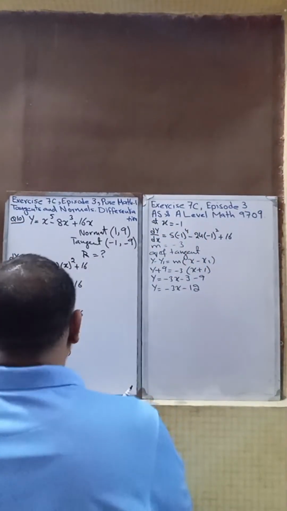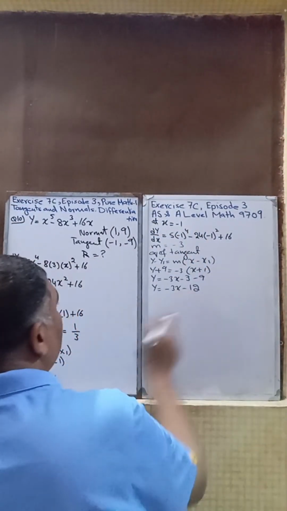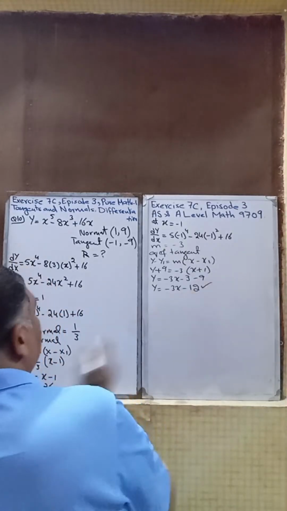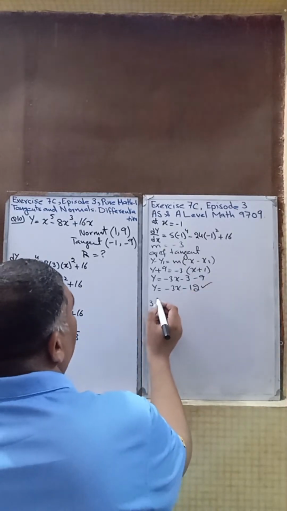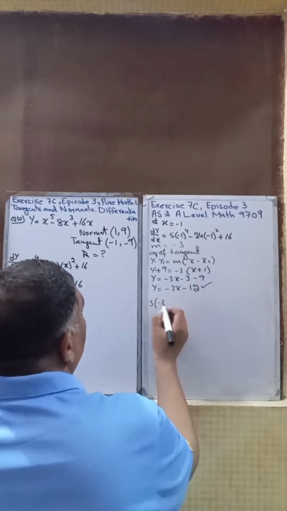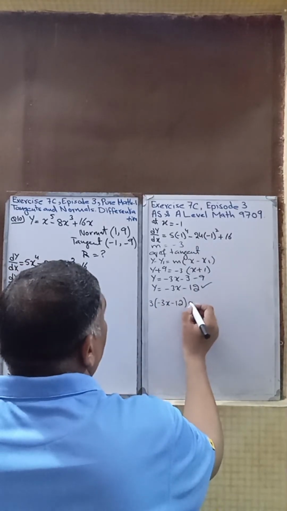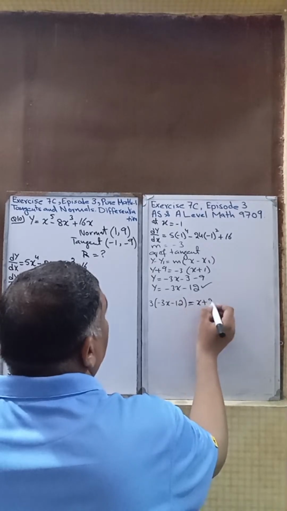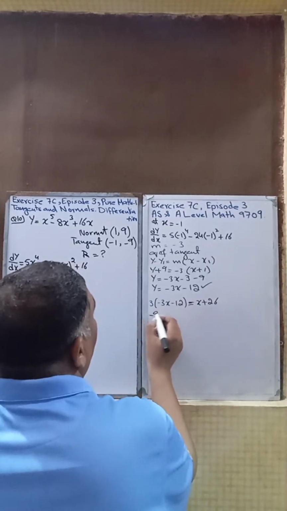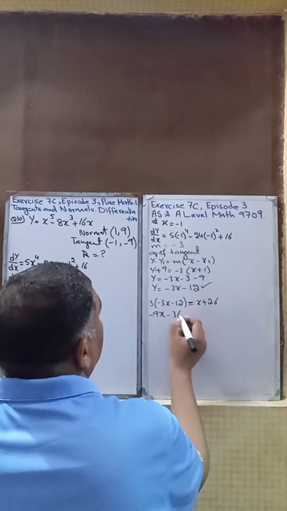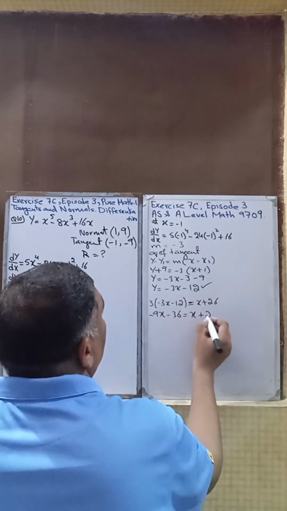Let's try them. Just put the value of this y here in this equation. So that will be 3 into the y value, which is minus 3x minus 12, equals x plus 26. So this will be minus 9x minus 36 equals x plus 26.